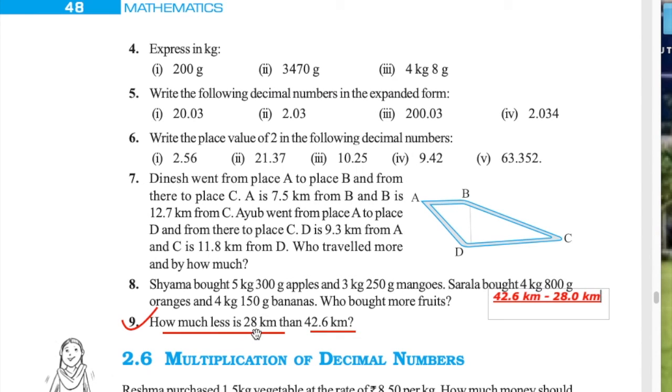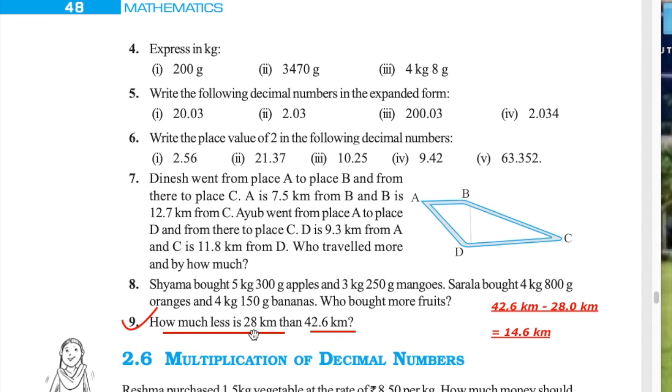How do we convert a whole number into decimal? We write a decimal 0 after it. So 42.6 minus 28.0, what will you get after subtraction? 14.6 kilometer. That will be your answer.